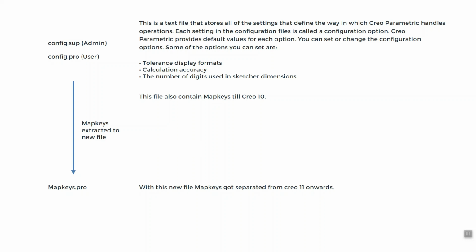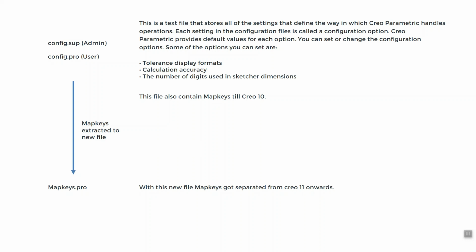And if you want to change config options which are not there in config.sup and config.pro located in the .text directory, that can be handled at the user level in the run directory config.pro. There are multi-value configuration options available, and some mapkeys are available.